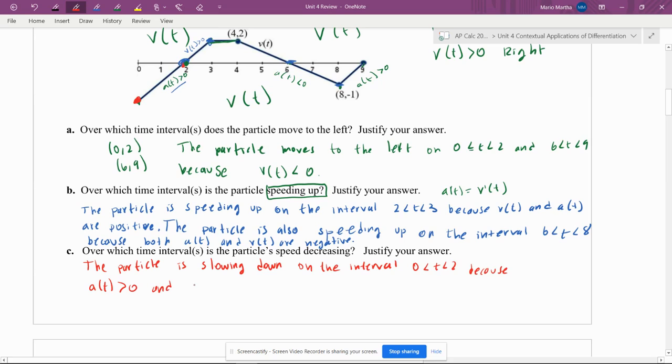And v of t is negative, less than 0. And then the particle is also slowing down on the interval between 4 and 6.